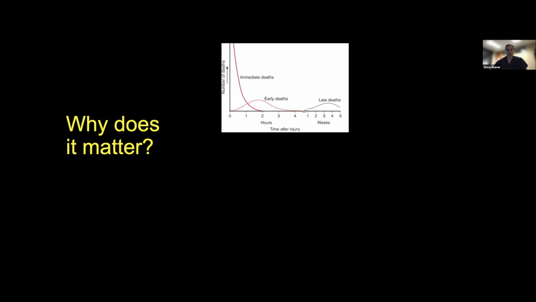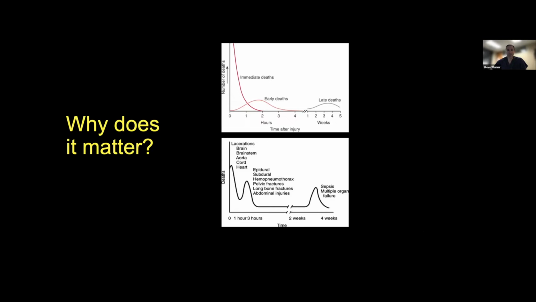So first and foremost, why does it matter? Why put all this thought into what surgeries to do, when to do them, how to do them, what sequence to do? Well, the overall goal is to reduce complications in these polytrauma patients. We know that in these patients, there's a trimodal distribution of death, from when they enter the emergency room until several weeks after surgery.